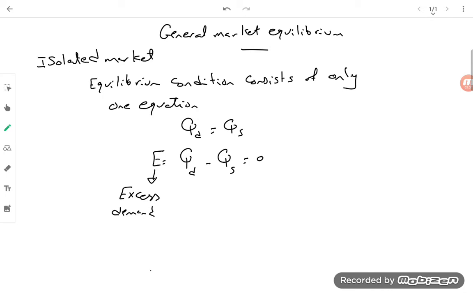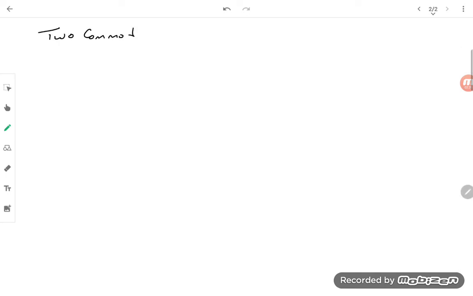Let's assume for simplicity that the market consists of two commodities only. In this case, we have an equilibrium condition for commodity number 1 and for commodity number 2, and supply and demand equations for commodity 1 and commodity 2.